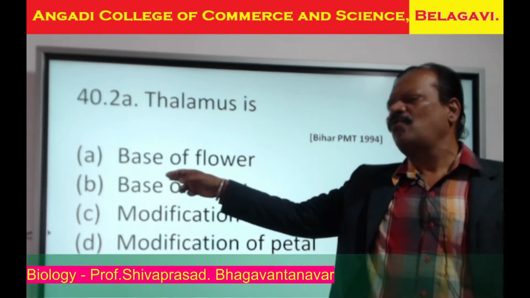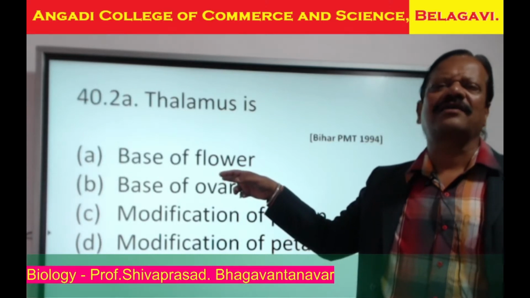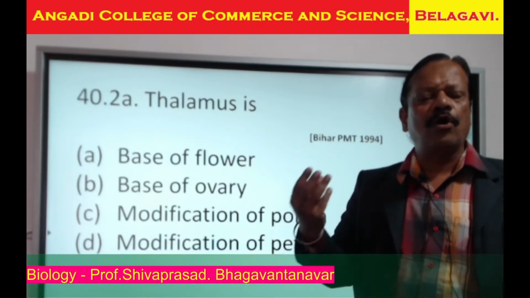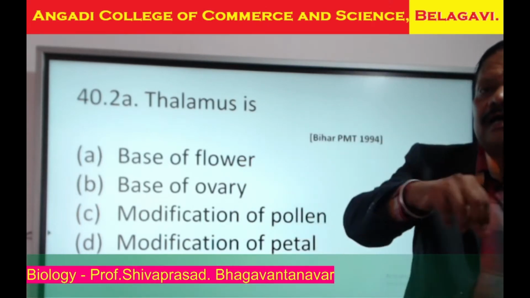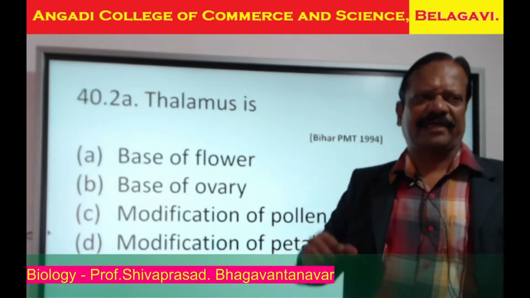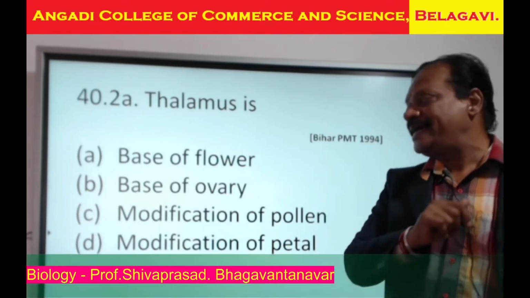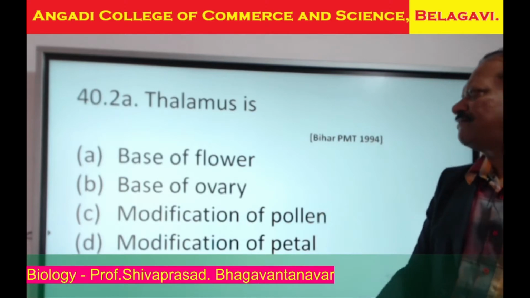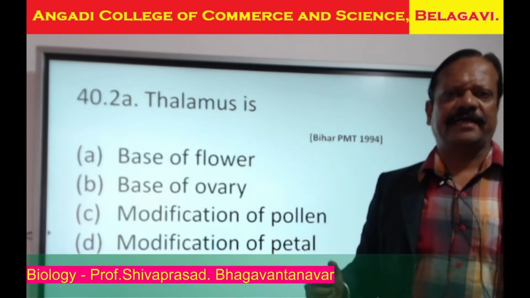Here, base of the ovary, you cannot consider it as the right answer. It is only because the base of the ovary is also landing on the thalamus. So, we can say it as the base of the flower. So, base of the flower is the right answer here.